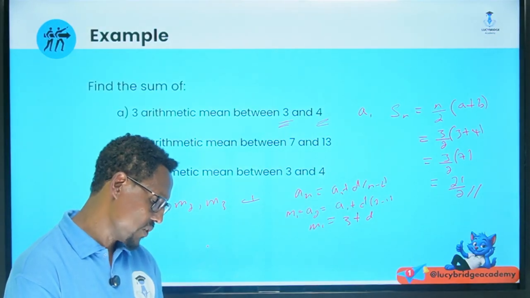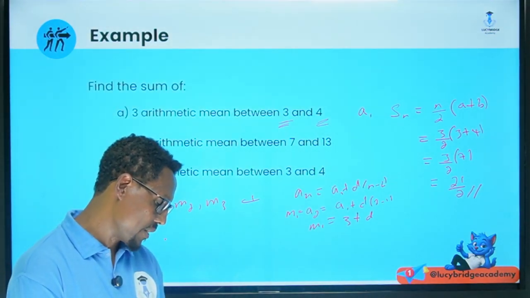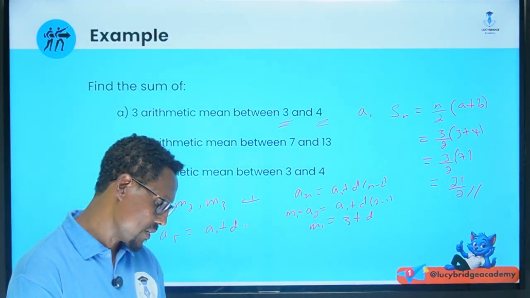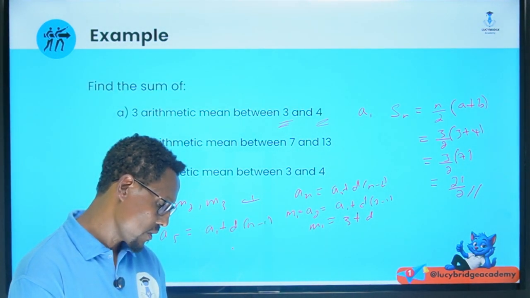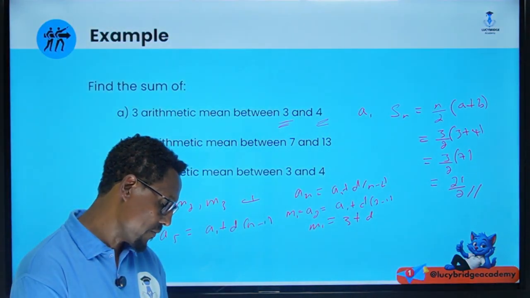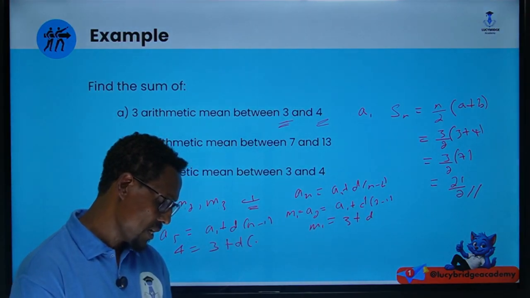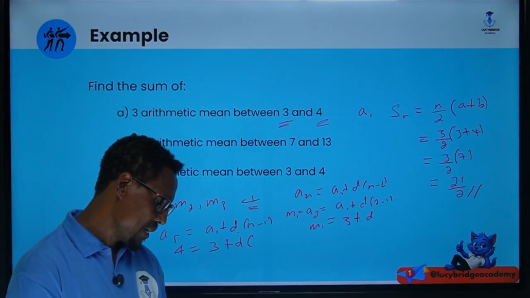Okay, what about the last term? The last term, which is 1, 2, 3, 4, 5, A5, is equal to A1 plus D times n minus 1. A5, the fifth term, is 4, which is equal to the first term 3 plus D times n minus 1. n is 5, minus 1 is 4.